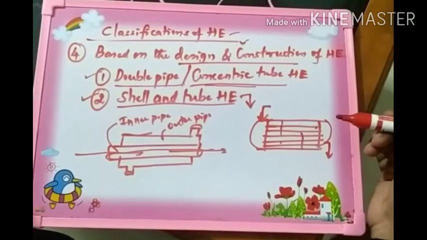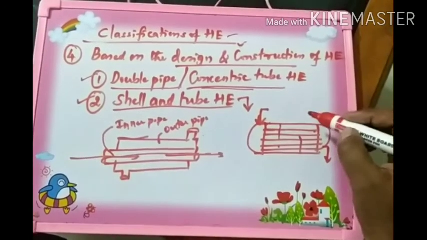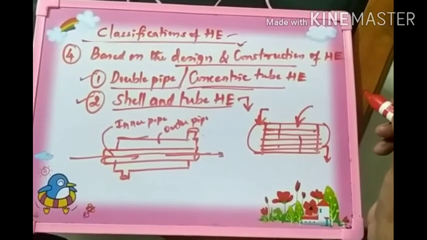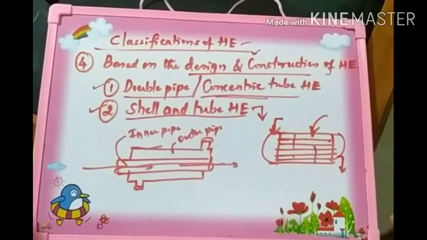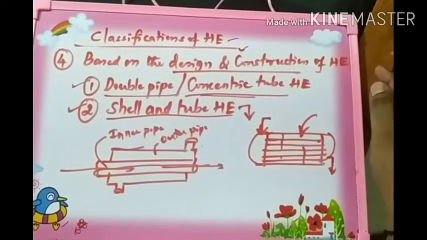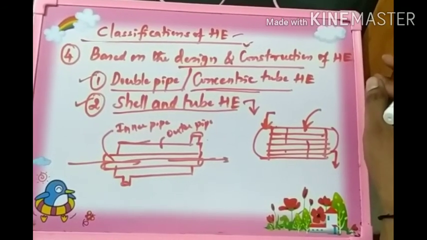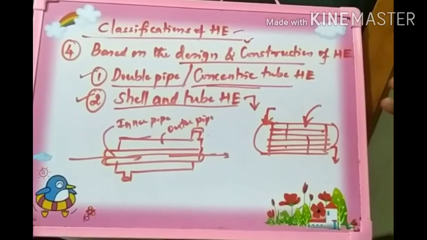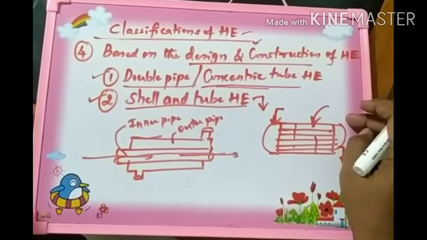If the heat exchange has to be at a higher capacity, then we generally prefer the shell and tube heat exchangers. Maybe in the example of a power plant, or an IC engine radiator, or a superheater, since the amount of heat to be transferred is more and more, we come across the usage of shell and tube heat exchanger.